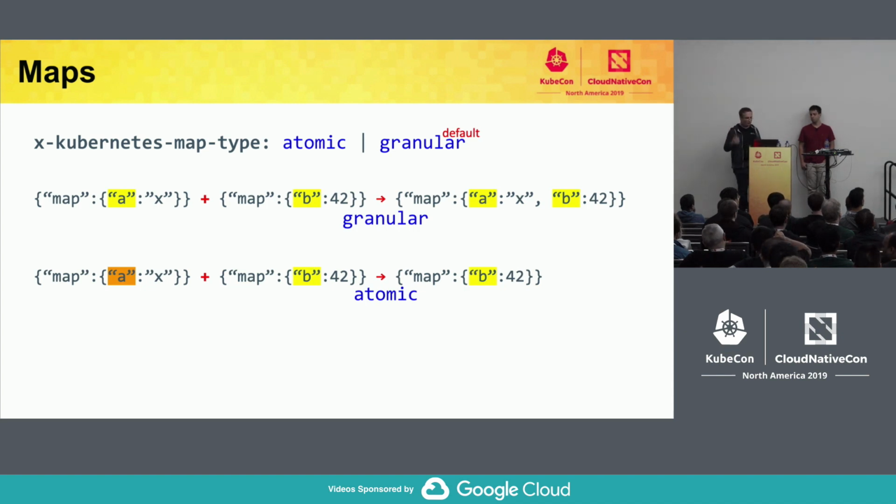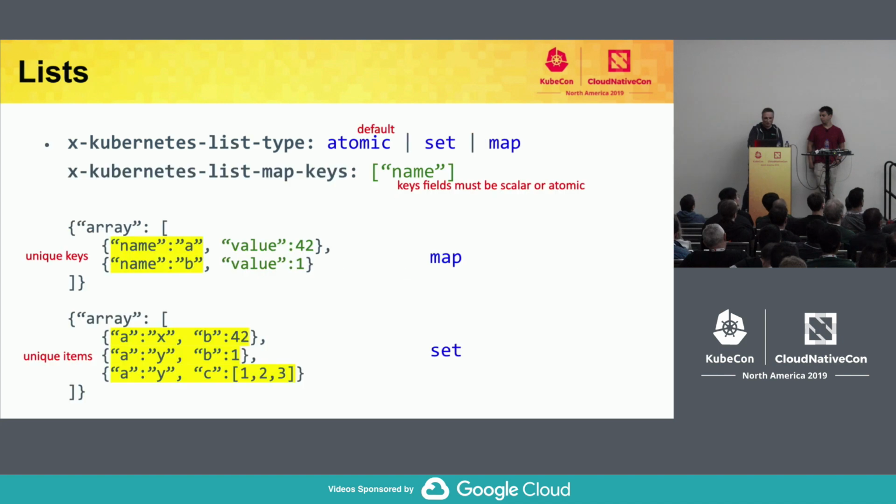Arrays are by default atomic and replaced. So if you have A set to X and you update with B to 42 and it's an atomic map, then just B 42 is the result. A is just dropped. And so this is all introduced, the original reason was server-side apply, and Antoine will continue with this topic now.